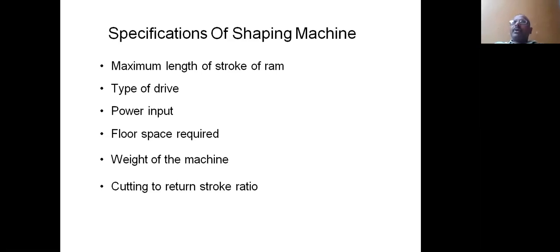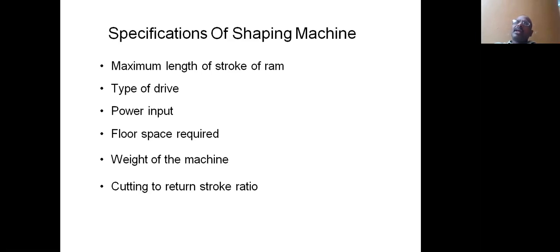Next, what is the velocity ratio or speed ratio for the cutting to return stroke? At the beginning itself, we discussed that during the idle stroke, or the return stroke, the cutting tool travels with high speed. That is called the return stroke. Similarly, during the cutting stroke, it moves with a somewhat slow velocity. Why?